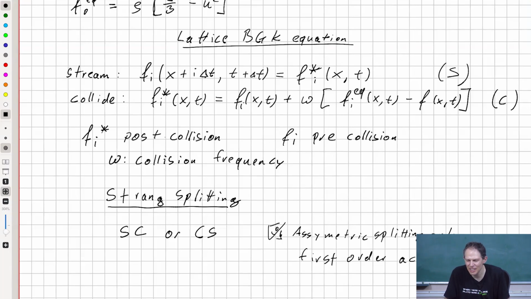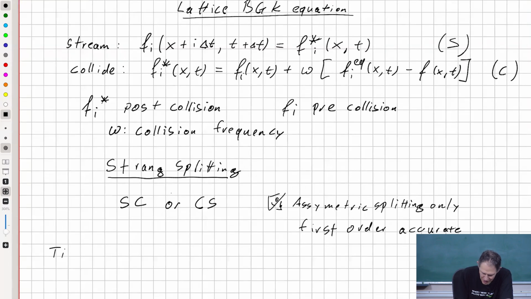You have to use at least second order methods. So how do we do this second order accurate? I put a heading here called Strang splitting. Strang splitting is a way to make splitting of operators, if you have several operators, symmetric again, and therefore second order accurate.